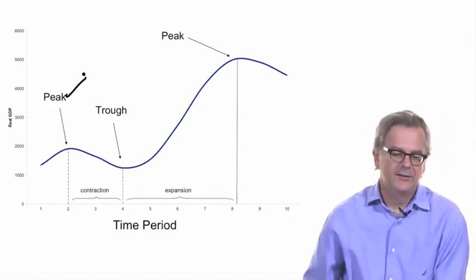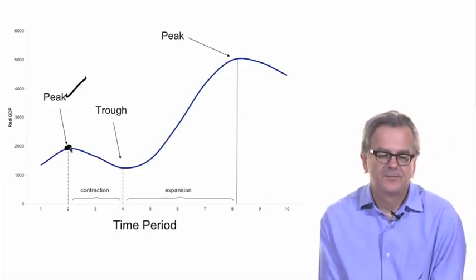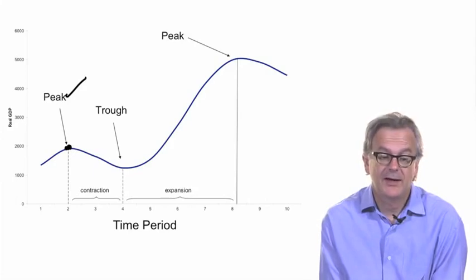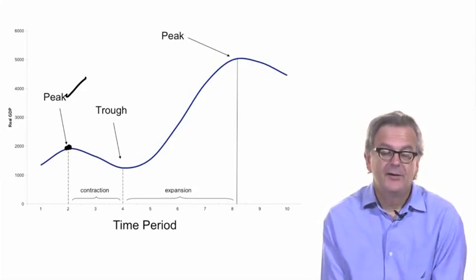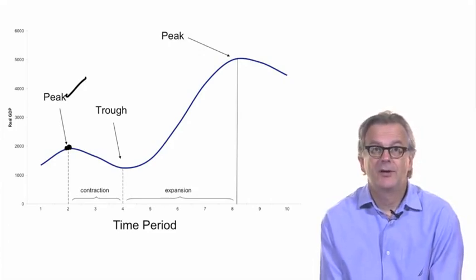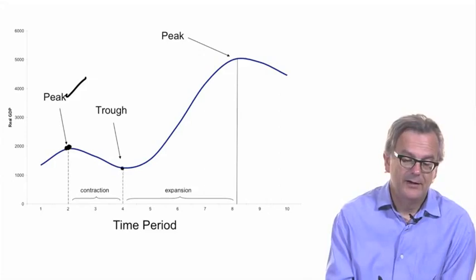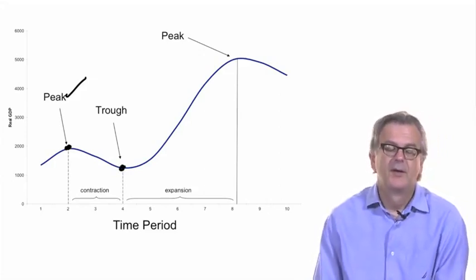Now, peak is a situation where the growth of GDP reaches a maximum in the short run. GDP is at the peak of a hill, if you like. And thereafter, it enters a short period of decline. And the period of greatest decline is associated with what is called the trough.